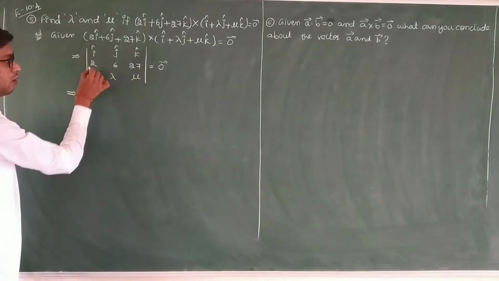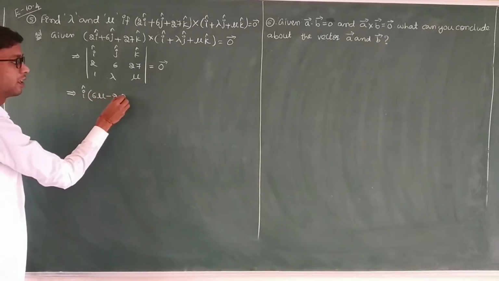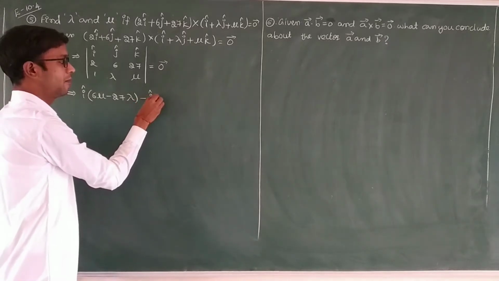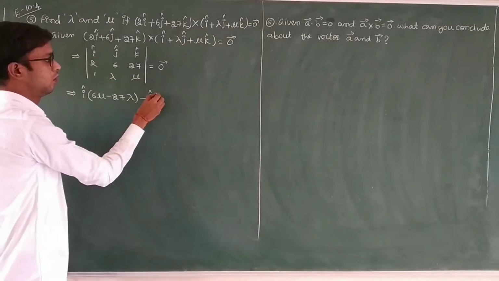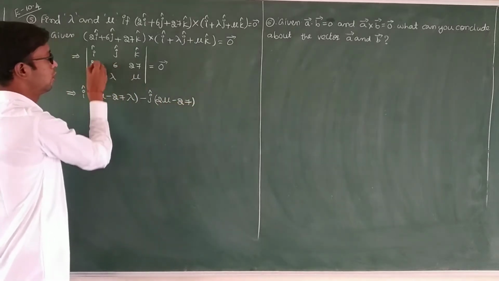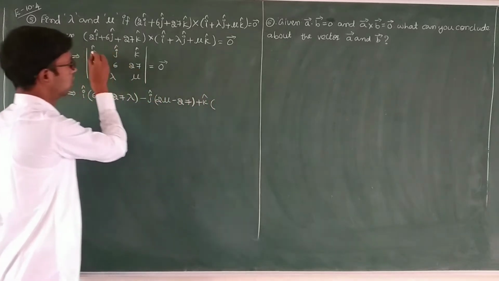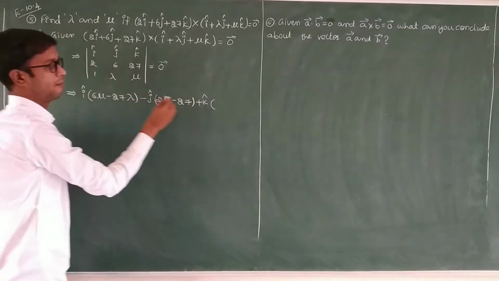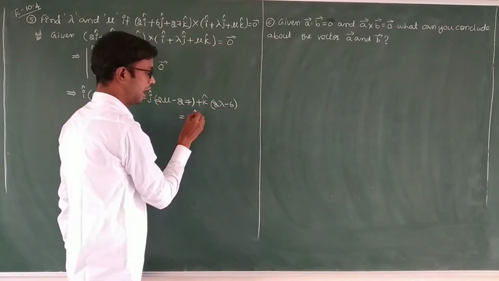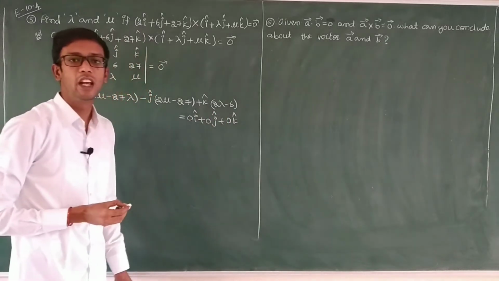I cap into first row, first column removed, cross multiply: 6 mu minus 27 lambda, minus j cap into 2 mu minus 27, plus k cap into 2 lambda minus 6 is equal to 0 i cap plus 0 j cap plus 0 k cap. This is a 0 vector.